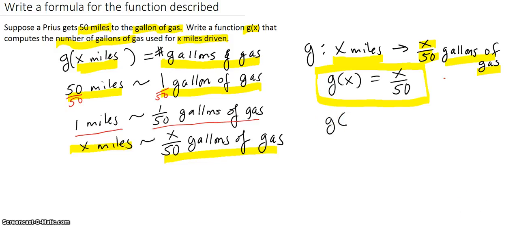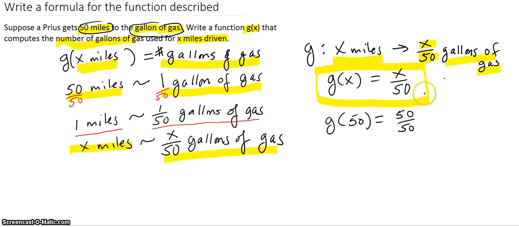So g acting on 50 miles should give us out 1 gallon of gas. So 50 over 50. The rule for g is that it's x divided by 50, so it's 50 divided by 50.